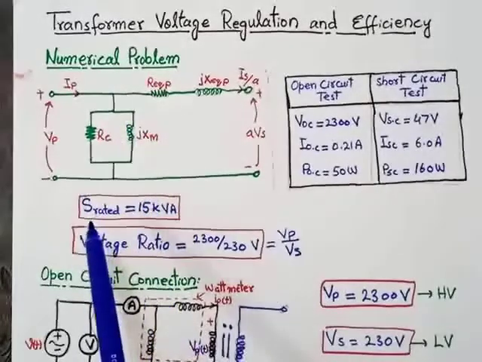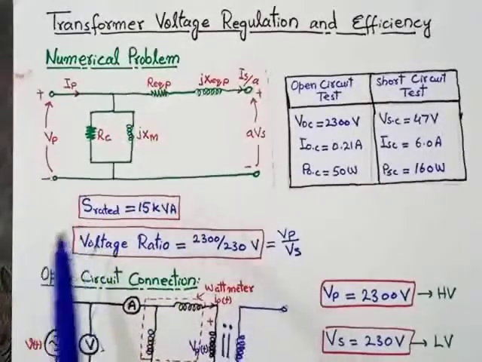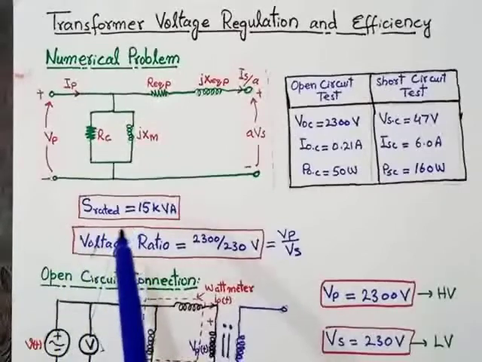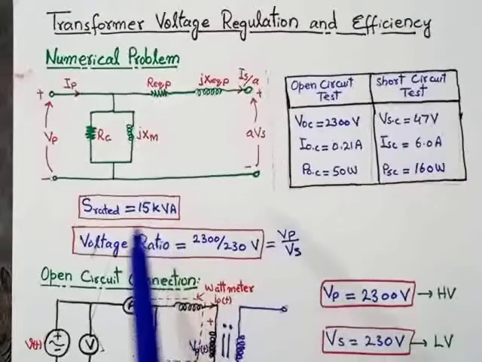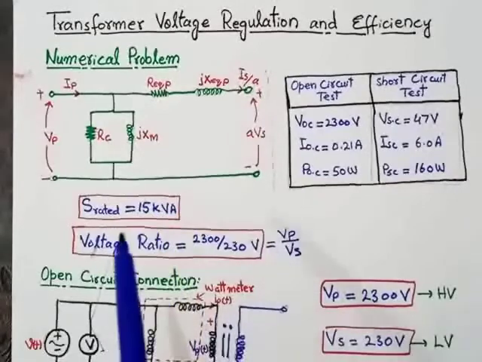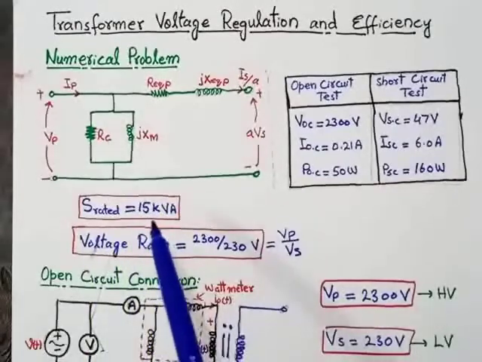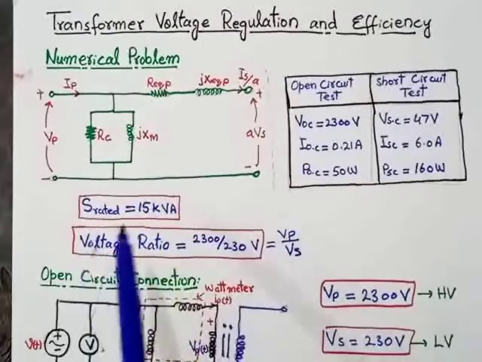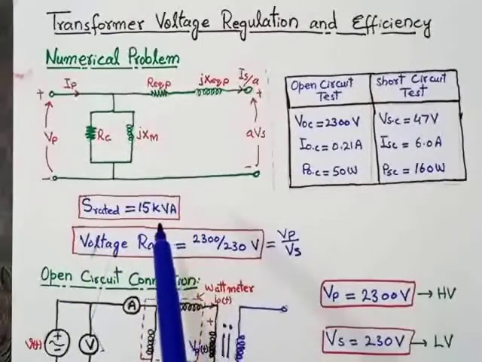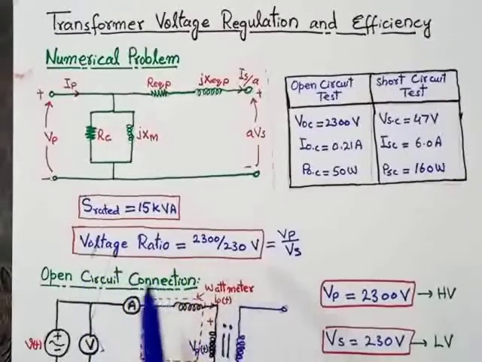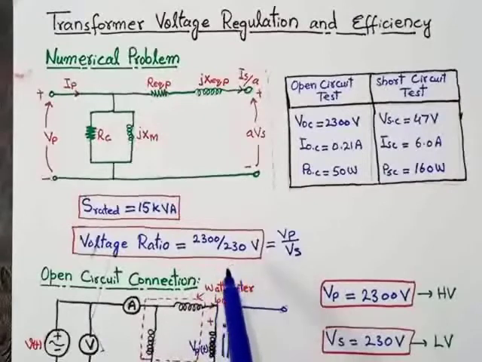The first one is the rated apparent power, which is given here as 15 kVA. It means in this particular problem, we are using a transformer whose rated apparent power is 15 kVA. The voltage ratio of the given transformer is 2300 divided by 230 volt.